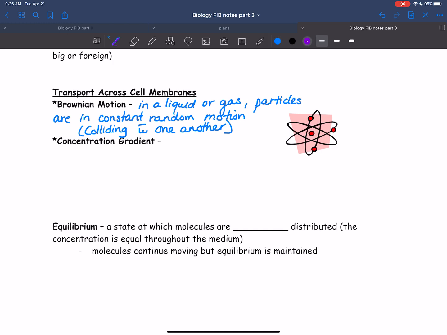A concentration gradient is the difference in concentration of molecules. So that could be a gas or a solid or a liquid, it doesn't matter. It could be the concentration of oxygen or the concentration of proteins. So the difference in concentrations of molecules between two areas.